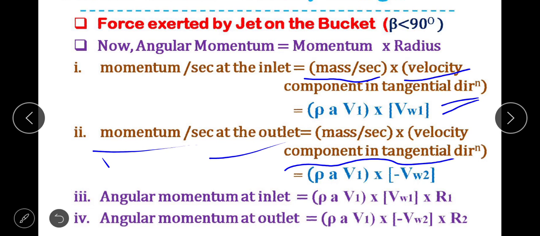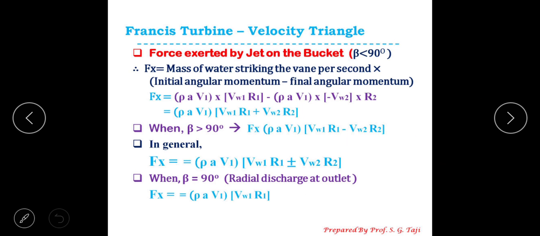This minus sign is because it is in the opposite direction to the direction of flow. Angular momentum at inlet is equal to rho a v1 multiplied by vw1, that is momentum per second, multiplied by r1. Angular momentum at outlet is equal to rho a v1 multiplied by minus vw2 multiplied by r2.